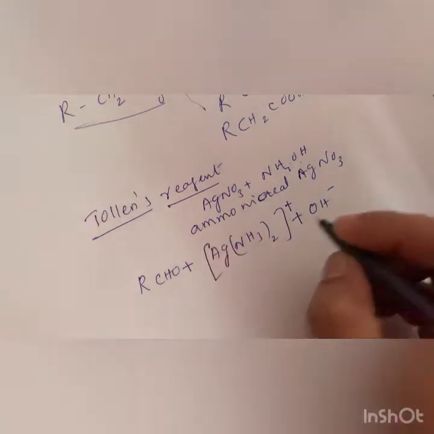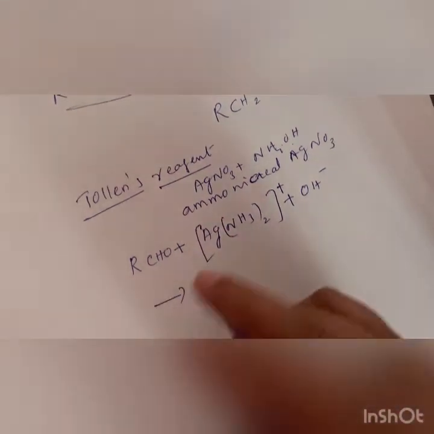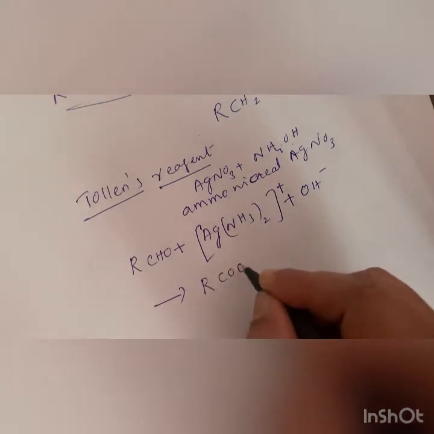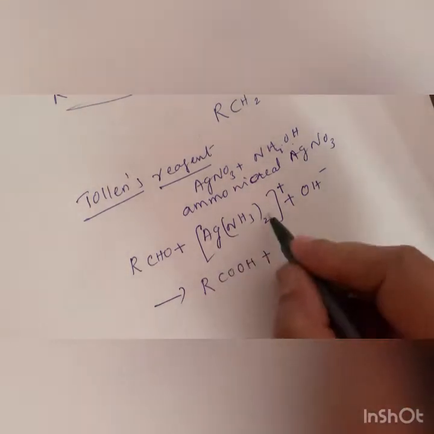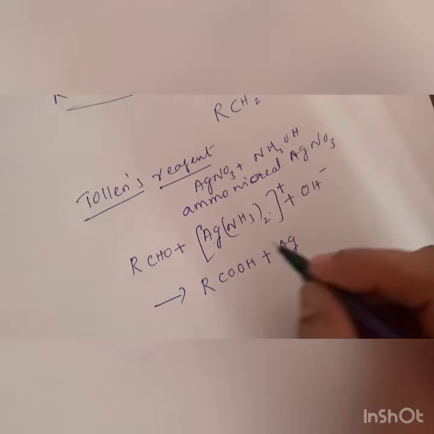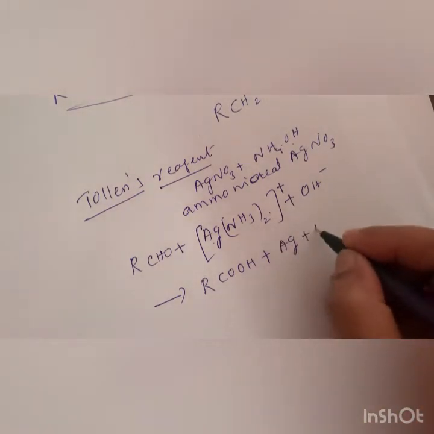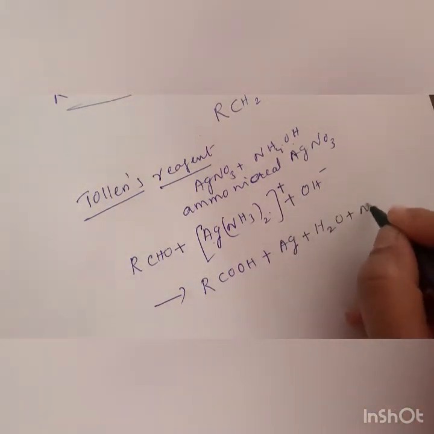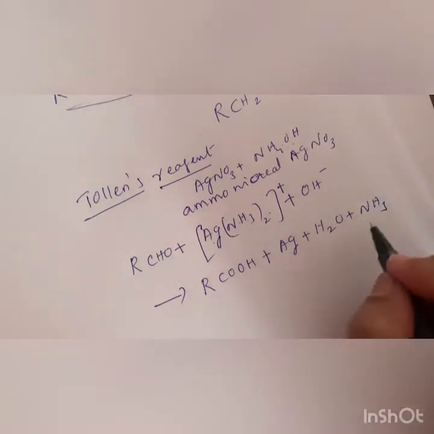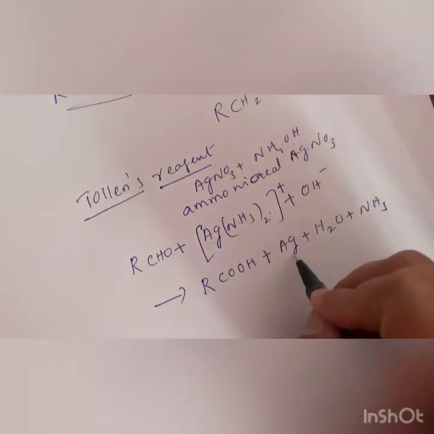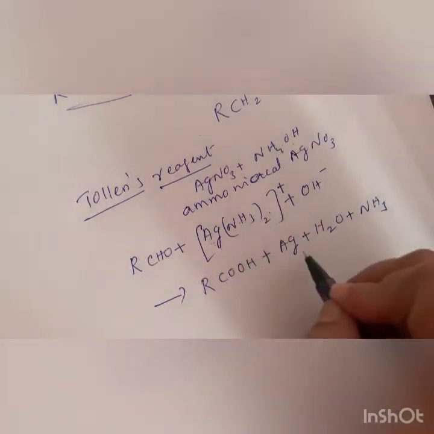Then RCHO will convert to RCOOH, and the silver complex will be reduced to Ag, with water and ammonia as products. Ammonia will form, water will form, and silver deposition will be there.